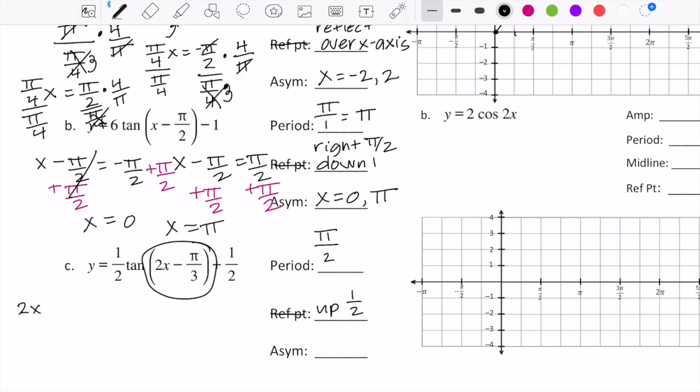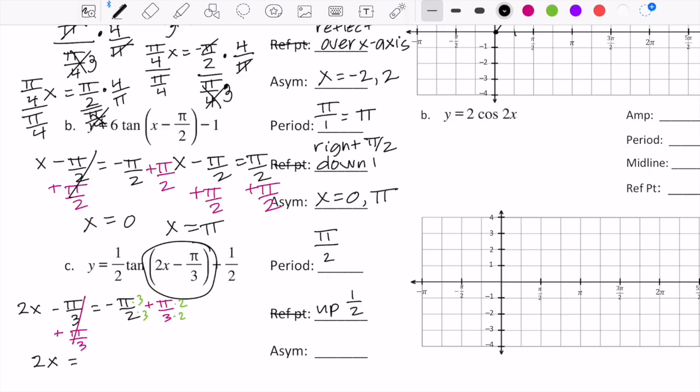But to find the asymptotes, it's 2x minus pi over 3 equals negative pi over 2. So the first thing we're going to do is add pi over 3 to both sides. So that gives us 2x equals, and then I have to do some math here. This gets multiplied by 2, and this gets multiplied by 3, so I have common denominators.